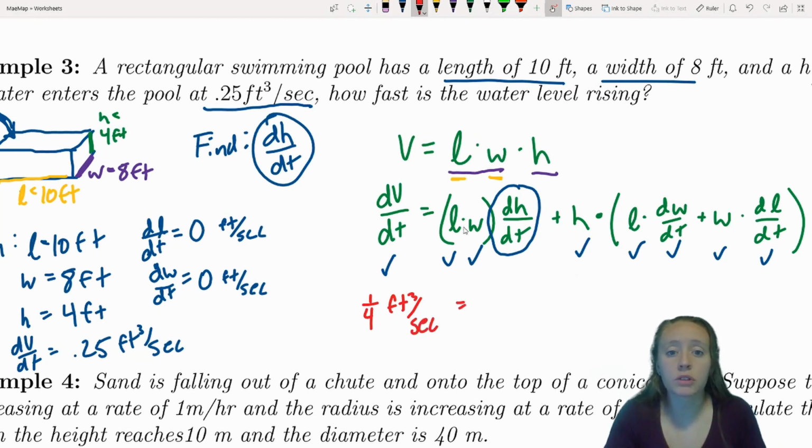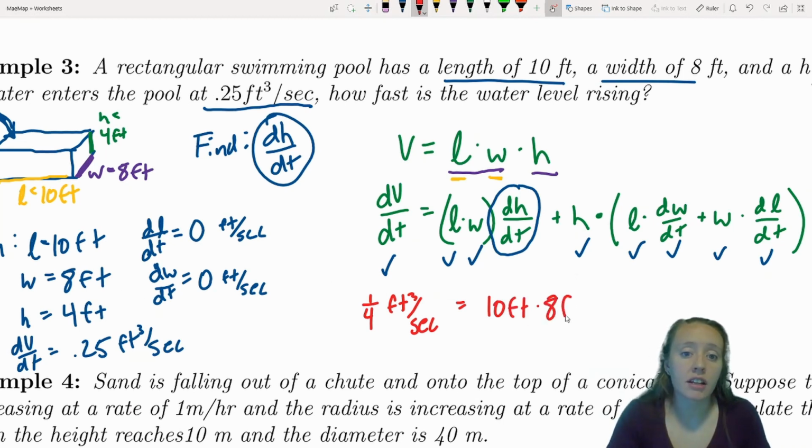And that's going to be equal to length L of 10 feet times width of 8 feet times dH/dt, as my variable. That's what I'm trying to solve for, and that's going to get added to, well, let's think about this. If I'm plugging 0 in for dW/dt and 0 in for dL/dt, that'll be 0 plus 0, because when I multiply 0 by L or W, it goes to 0, and then 0 times H will be 0.